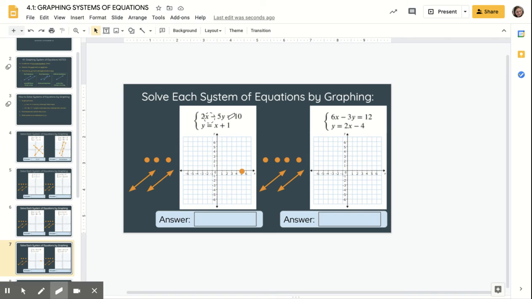And then I'm going to erase that, and I'm going to cross out the x's instead. And this time I need to divide by -5 on both sides. Well, 10 divided by -5 is -2. So I need to put a point at -2 on the y-axis, like that. And that's my first line.